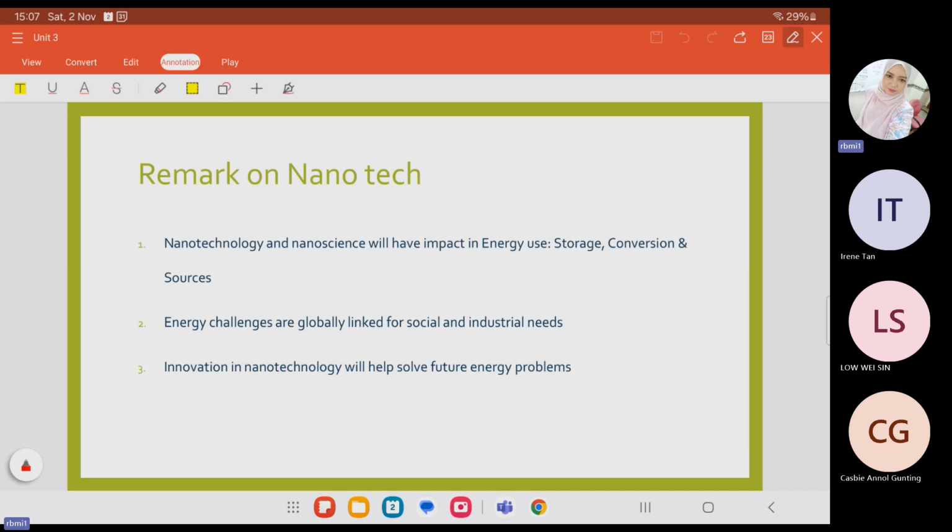Nanotechnology and nanoscience will have an impact on energy use for storage, conversion, and sources. The energy challenges are globally linked to social and industrial needs, and innovations in nanotechnology will help solve future energy problems.